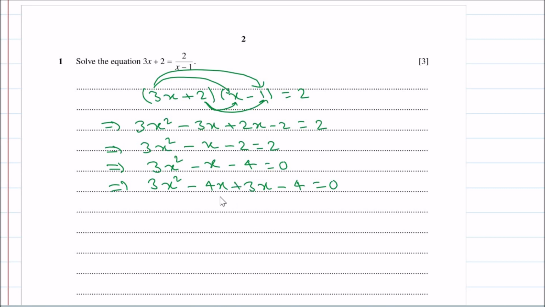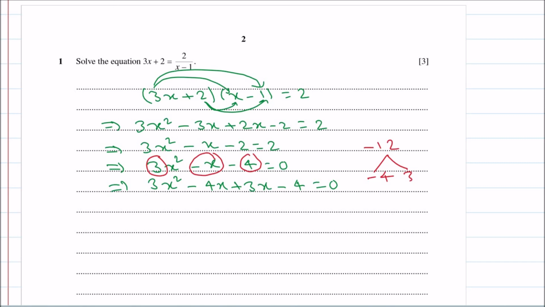Because if we add minus 4x and 3x, we get minus x, and when you multiply, we get minus 12. So minus 4 and 3, if you multiply you get minus 12. For minus 12 we can do minus 4 into 3, and when you add them you should get the middle term negative x. So that is why we have done it like this.